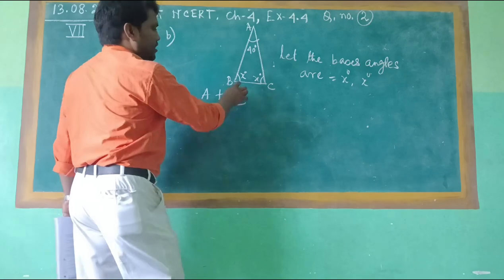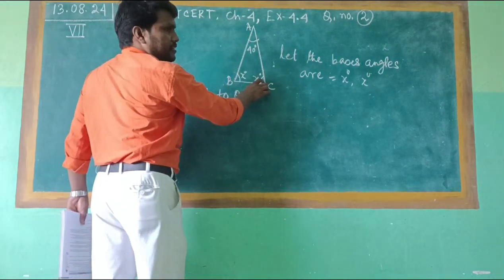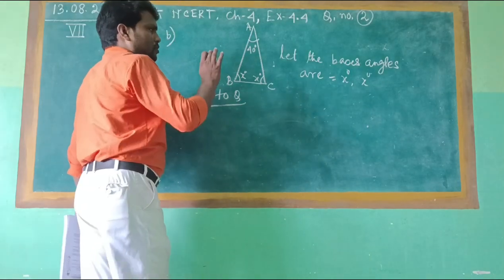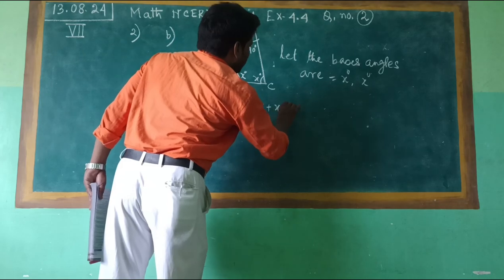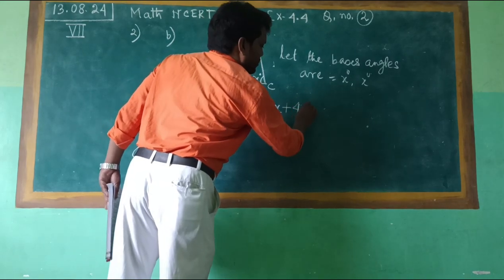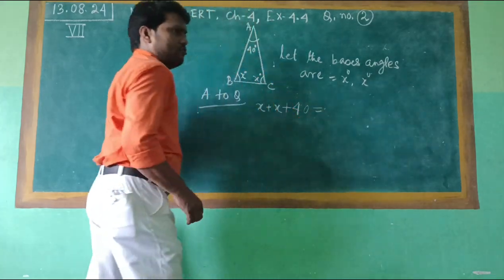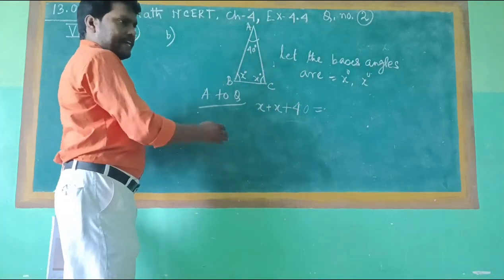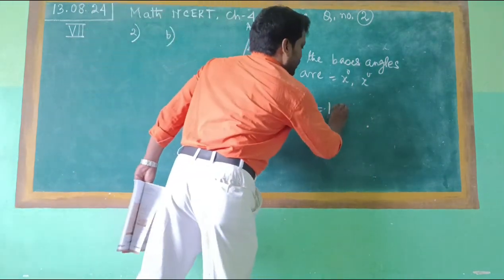Now according to the question, the sum of three angles, that means angle A, angle B, angle C, x plus x plus 40 equal to 180. You may not write degree now, but in the end of the answer, you will mention degree.